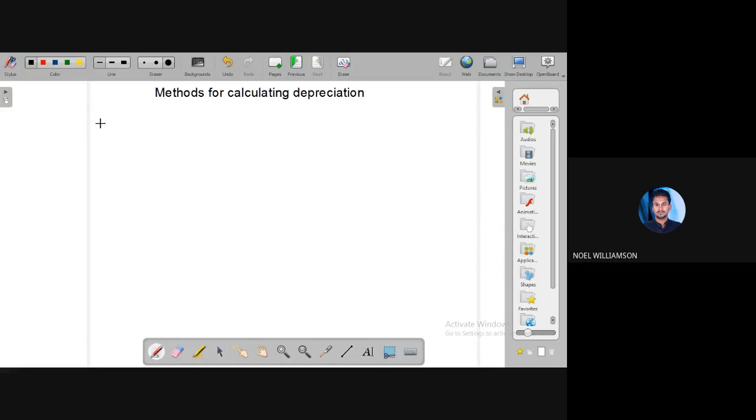In that, you will see there are many methods. First one is the straight line method.